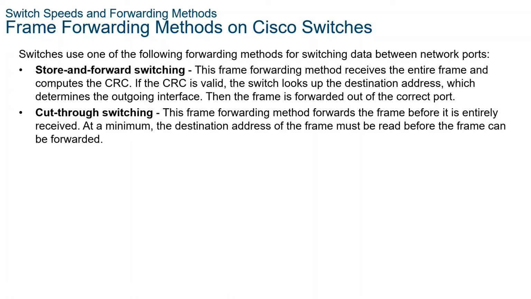Okay, so switches use one of the following forwarding methods for switching data between the network ports. These are store and forward switching and cut-through switching. For store and forward, this frame forwarding method receives the entire frame and computes the CRC, or cyclic redundancy check.